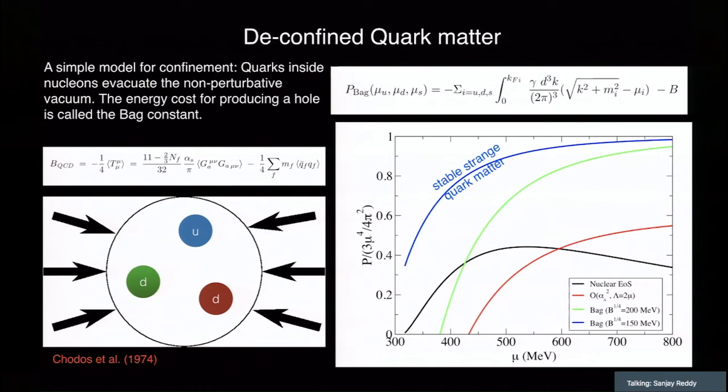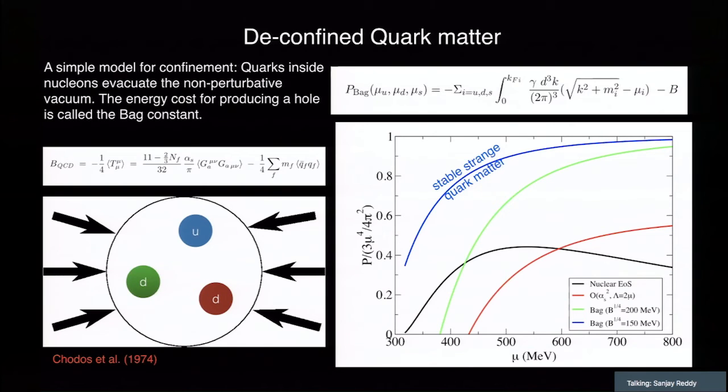But if you choose a value that is a little bit smaller, if the bag energy is a little bit smaller, you can actually find interesting solutions in which the nuclear matter phase is never favored and the quark matter phase is favored at all values of the chemical potential. So this is a very exotic scenario in which nuclear matter is only metastable.